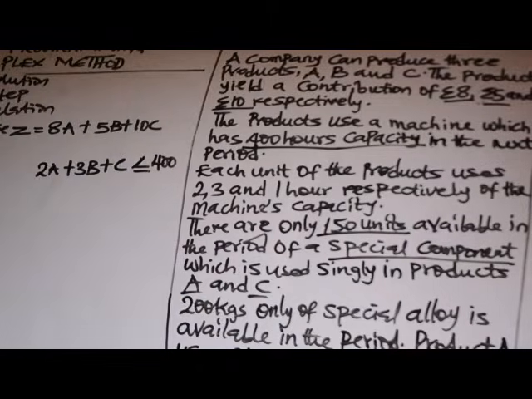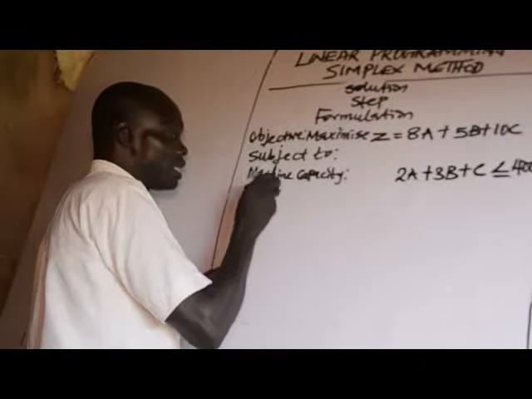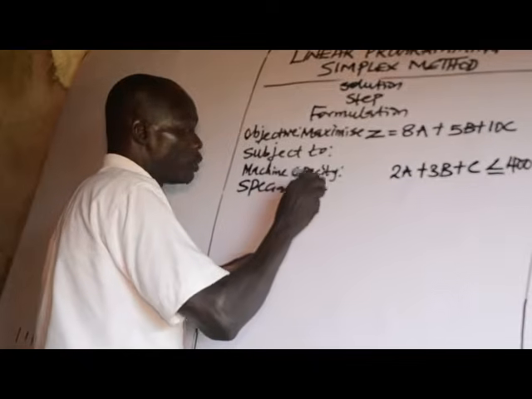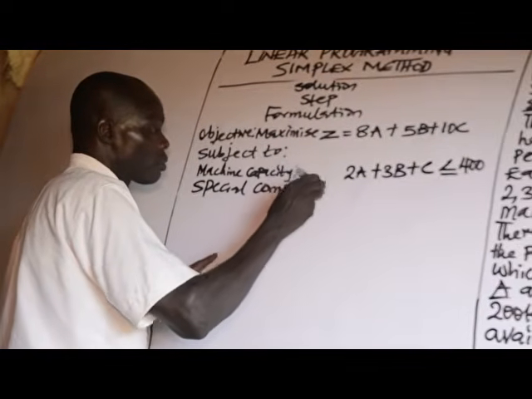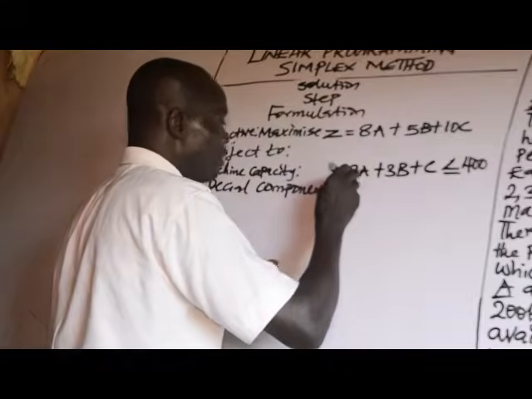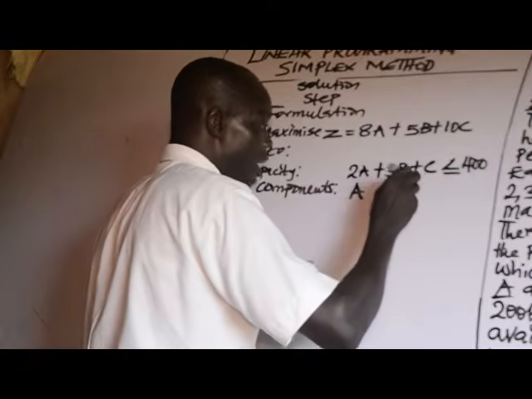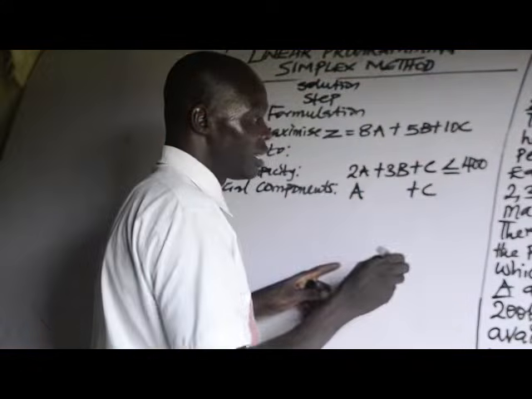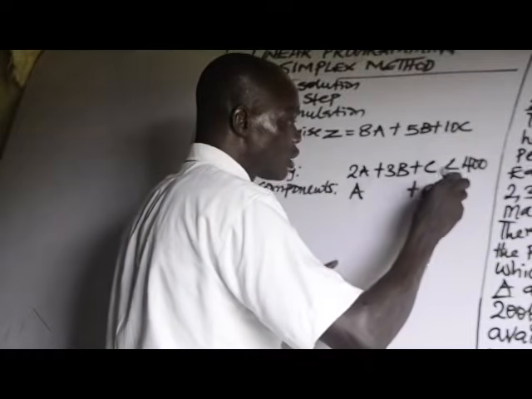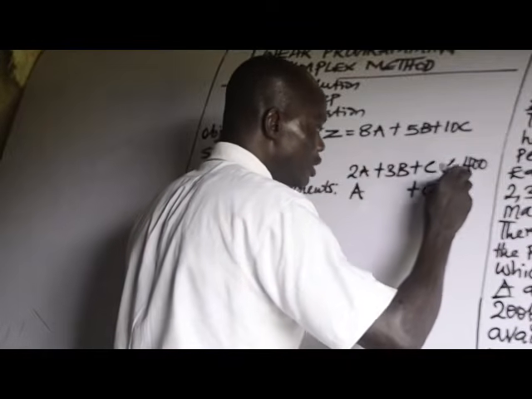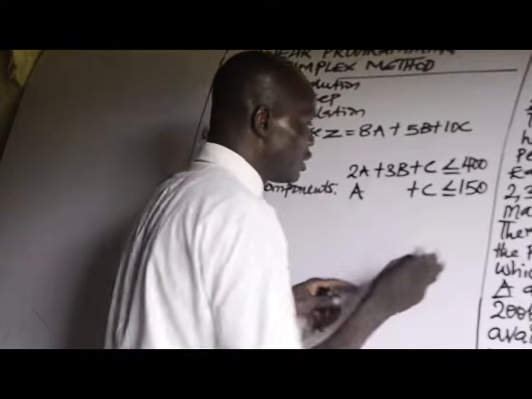So special component is also a constraint, which is available for A and C, and we have less than or equal to 150 units.